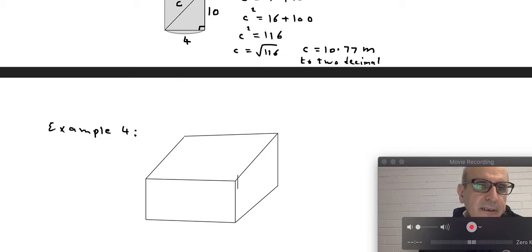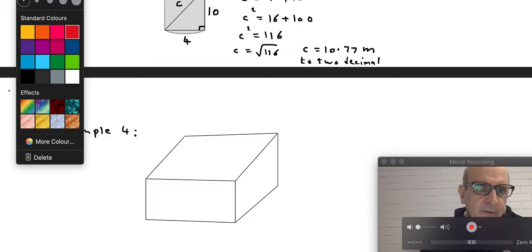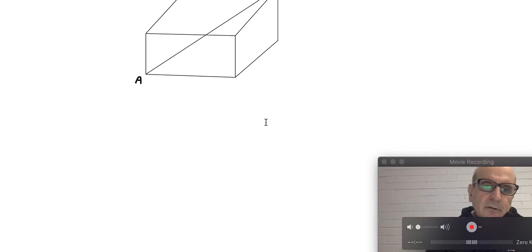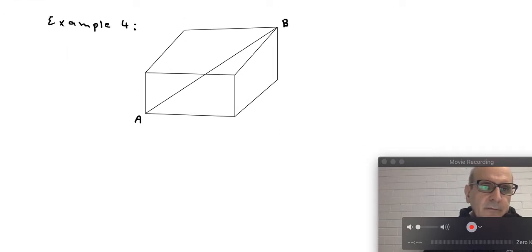We want to see how far it is from this point A here to this point B. In other words, if I want to draw a straight line from here to here inside this shape, how long is it? That is the question I'm trying to answer.